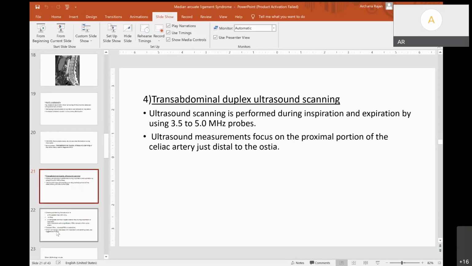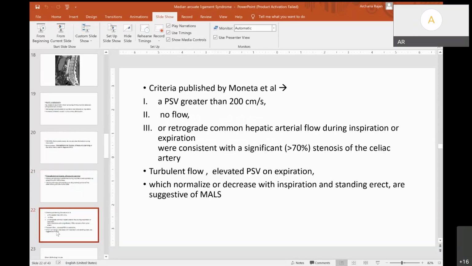The criteria published by Moneta et al. are: a PSV greater than 200 centimeters per second, and no flow, or retrograde common hepatic arterial flow during inspiration or expiration, were consistent with a significant, more than 70% stenosis of the celiac artery. A turbulent flow and an elevated PSV on expiration, which normalizes or decreases with inspiration and standing, that is, comes back to normal on inspiration and standing, are suggestive of median arcuate ligament syndrome.